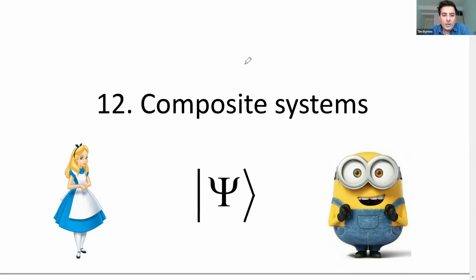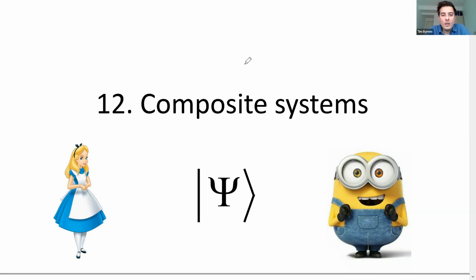We're talking about composite systems for today's lecture, and basically what that means is that there is more than one quantum system. Everything that we've talked about so far is really about just one quantum system, so it might be one atom or one photon or one quantum object.